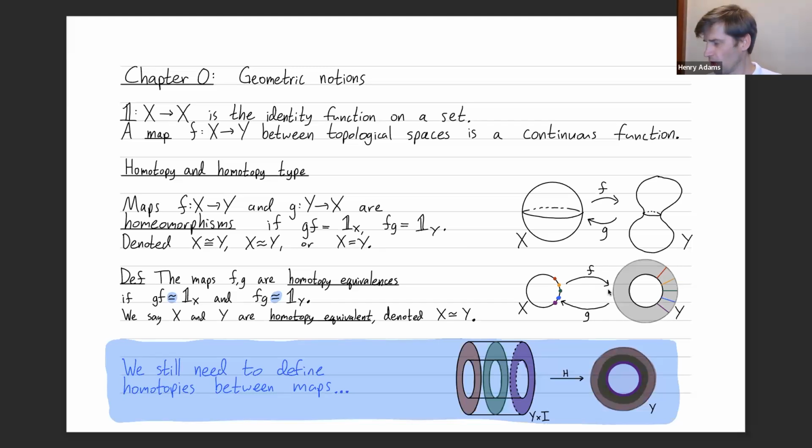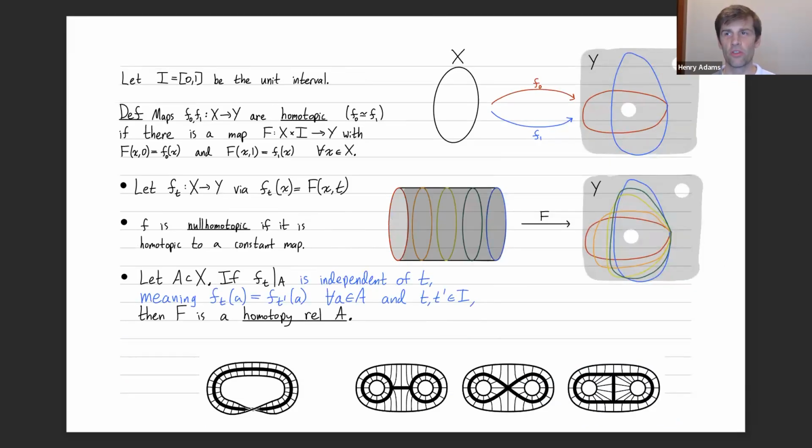All right, so I owe you a description of what homotopies between maps are to complete this definition. So to define a homotopy between maps, we'll do the following. Capital I is going to be the unit interval from 0 to 1.